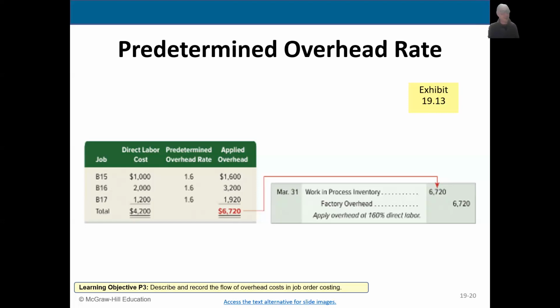Because factory overhead is difficult to apply on an actual basis, we estimate it. In this example, we're using a predetermined overhead rate. So we debit work in process inventory and credit factory overhead. That's how we add in the factory overhead.